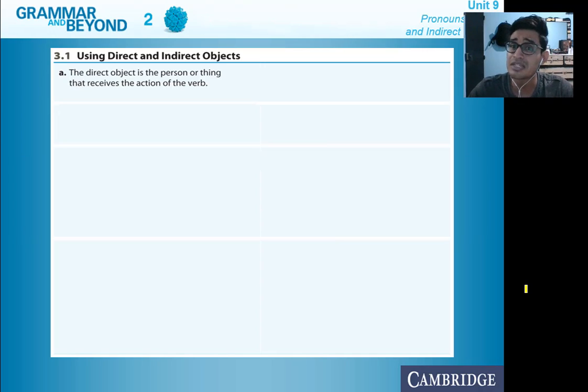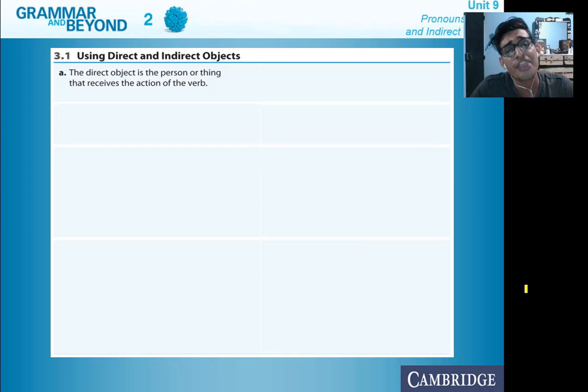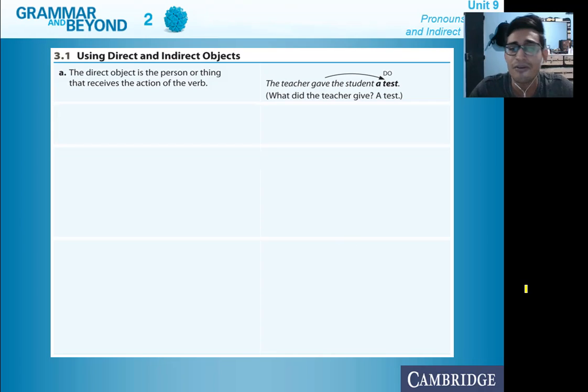We have some rules as well to use these direct and indirect objects. The direct object is the person or thing that receives the action of the verb. For example, the teacher gave what? A test. That's the direct object. It receives the action. Okay, what did the teacher give? A test.